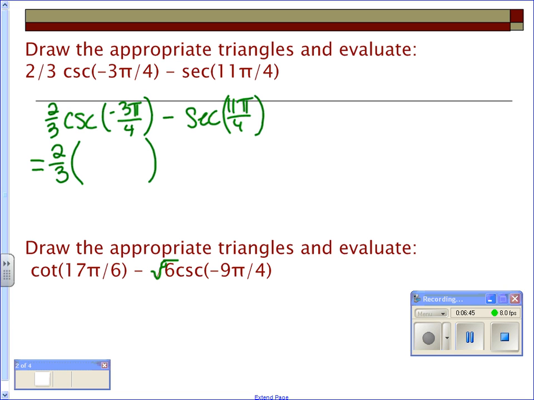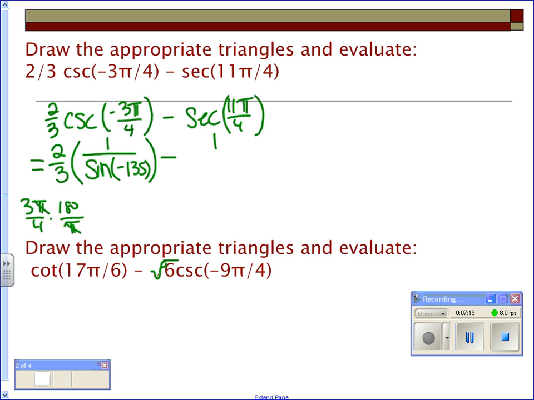All right. What would you start by doing for this one? 1 over sine. And what would this angle be instead of in radians? Okay.